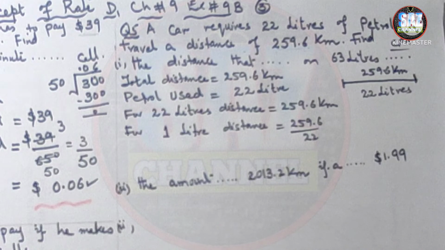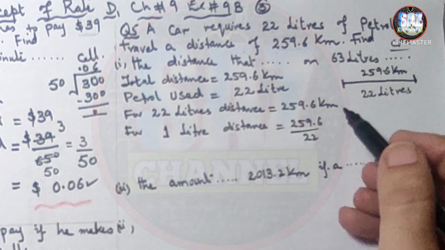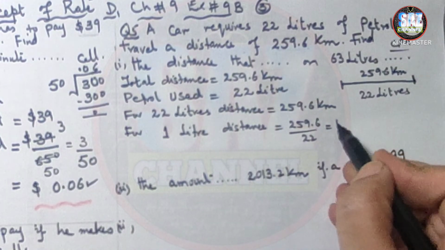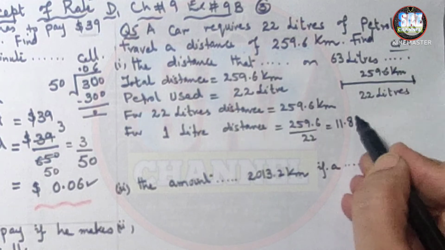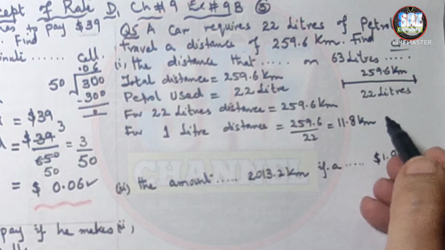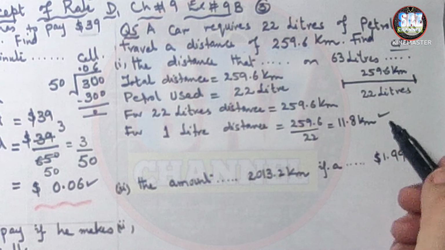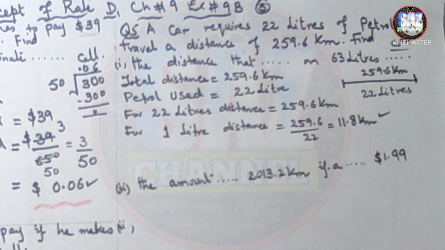And students, such type of questions with such bigger calculations will be coming in paper 2. 259.6 divided by 22 gives me 11.8. 11.8 kilometers is the distance that the car can cover with 1 liter.